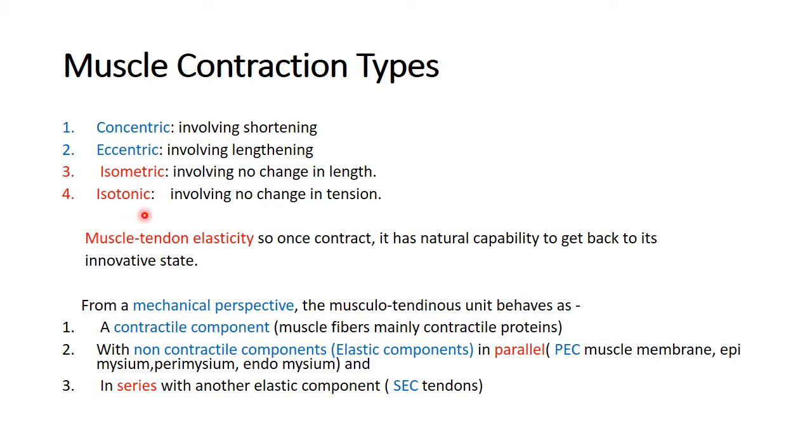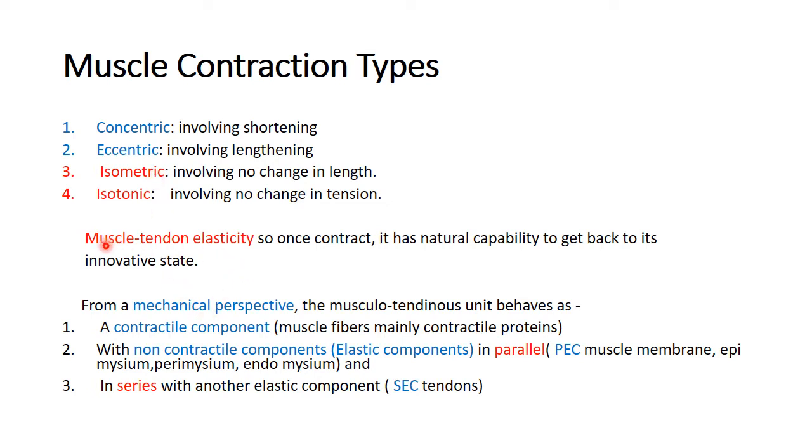You must learn about isometric and isotonic. Isometric means, as the name indicates, there is no change in the length, and isotonic means there is no change in the tension. So it is isotonic, and metric means length, measurement. So there is no change in the length.